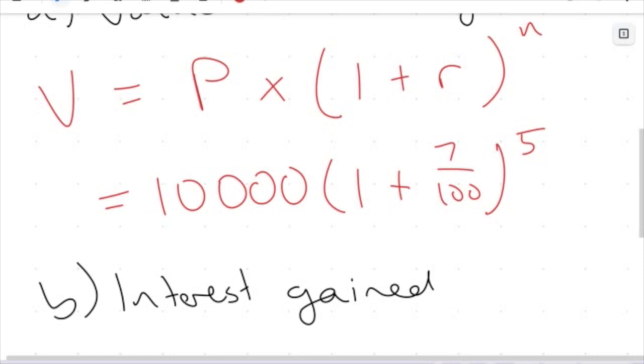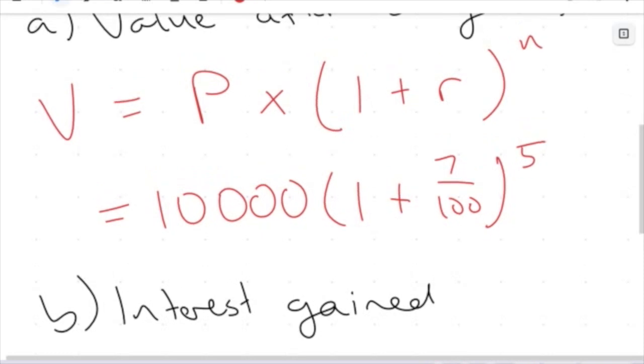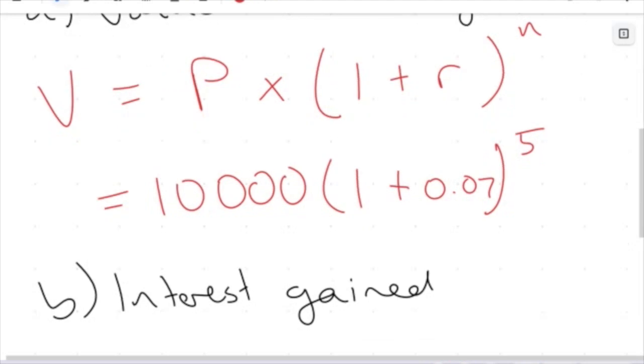Now, some textbooks and some teachers are quite picky with you writing the percentage. Sometimes they like you to write it as a decimal as well because it's easier to work with, and when you're putting it into your calculator, it's slightly less messy. So 7/100ths as a decimal, just 7 divided by 100, that's going to give us 0.07.